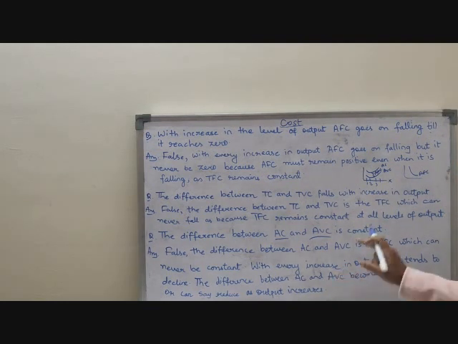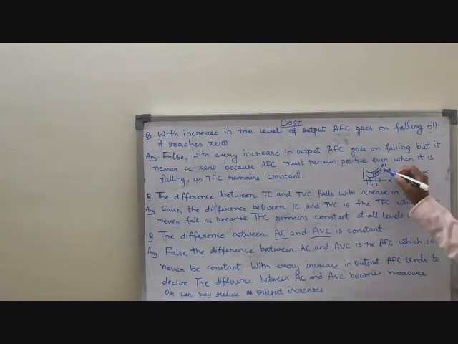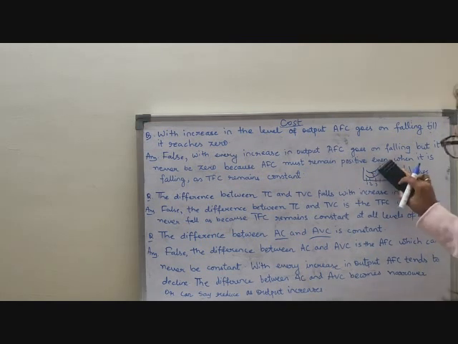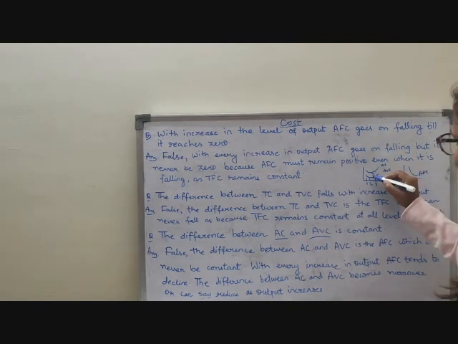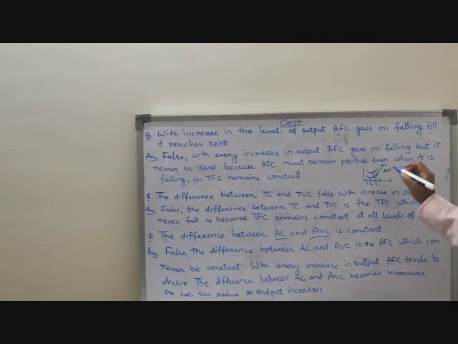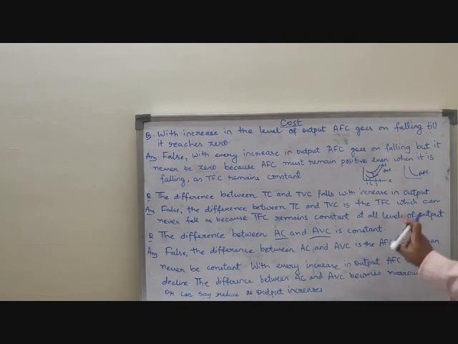So the difference between average cost and average variable cost becomes narrower. That means they will just get narrower, see, they will get narrower. That means it will shrink, but the difference between average cost and average variable cost becomes narrower, or you can say reduces, as output increases.